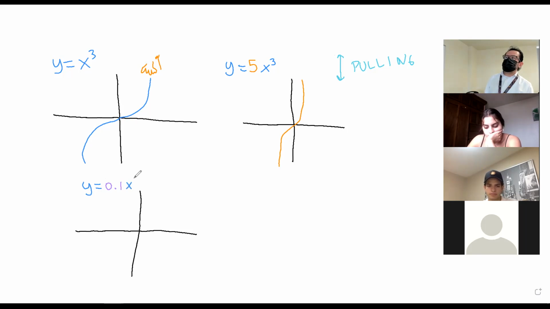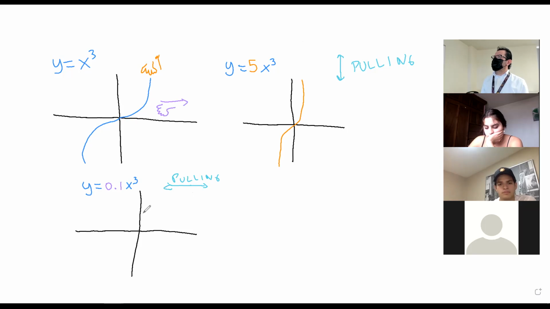What would happen there is that the 0.1 is going to generate a graph where we are pulling it horizontally. Imagine that for this one, we've got another hand over here that's doing this.